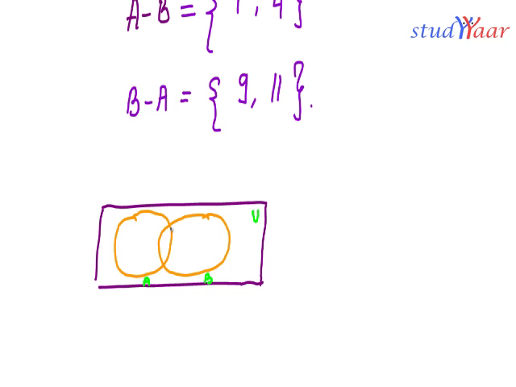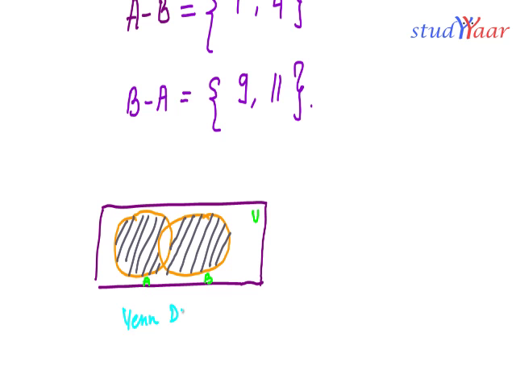I know that this is the region which represents elements in both. So basically I am looking at this region and I am looking at this region. I just have to eliminate this region from my answer and I'm going to get the symmetric difference. So this is your Venn diagram for symmetric difference.